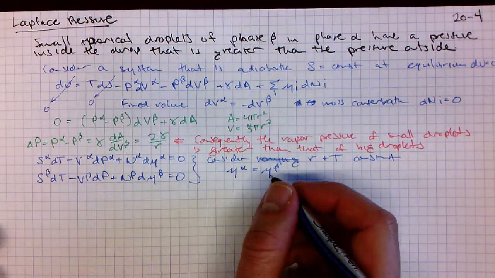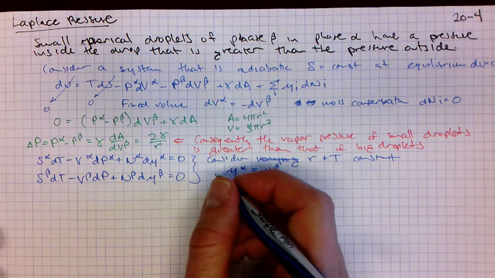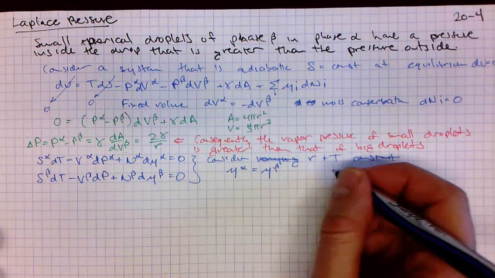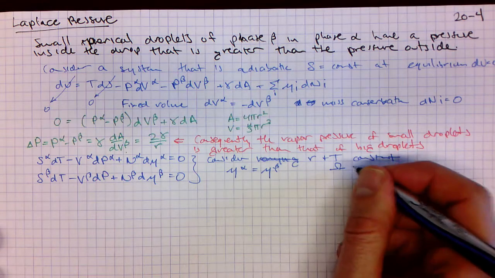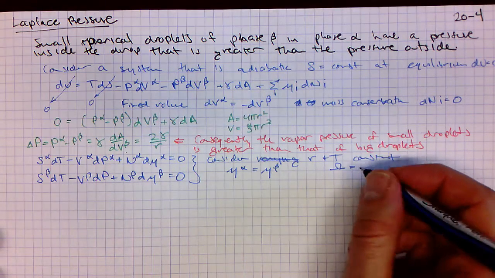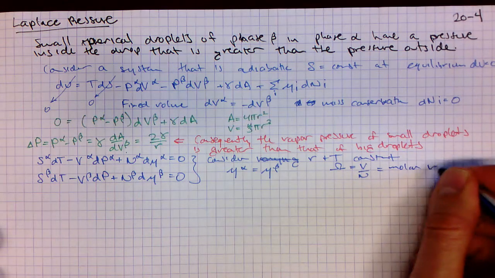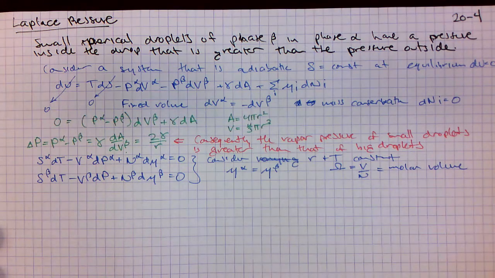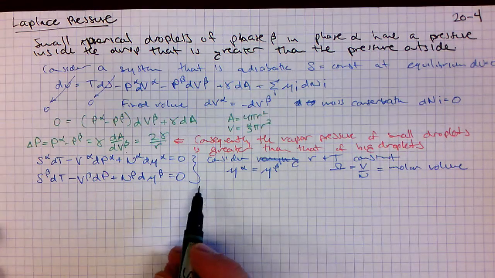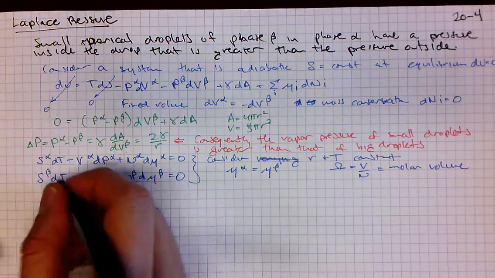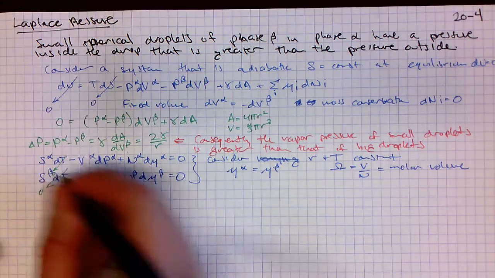So as a result, here I'm going to define omega as the volume per unit mole, so this is the molar volume. Now I can write this expression. At constant temperature, these terms go to 0, right?